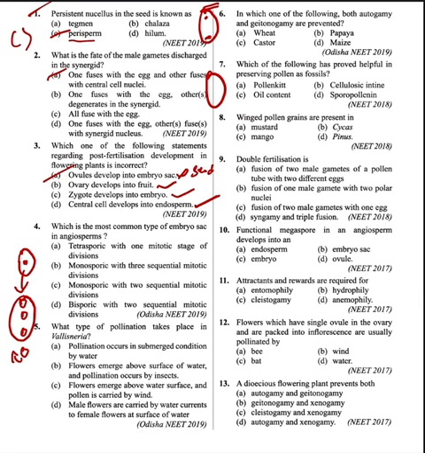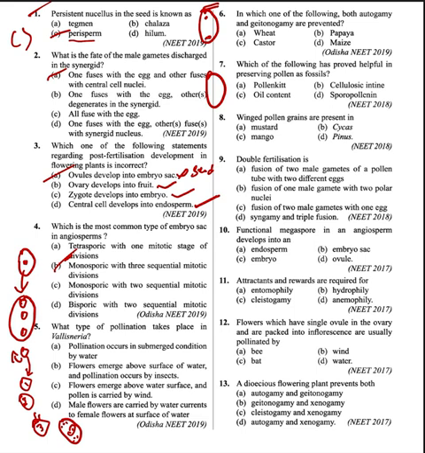This functional megaspore undergoes the first mitotic division giving 2 nuclei, the second gives 4 nuclei, and the third gives 8 nuclei. Then they form 3 antipodal cells, 2 synergid cells, 1 egg cell and 1 central cell with 2 nuclei. So the answer is monosporic with 3 sequential mitotic divisions.